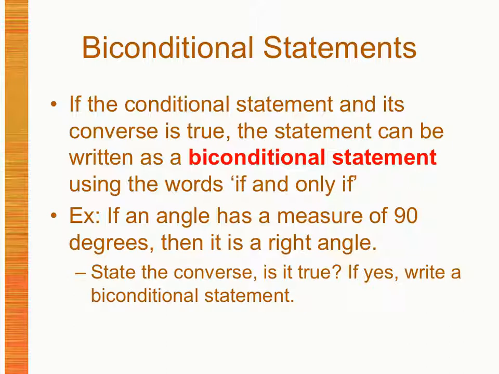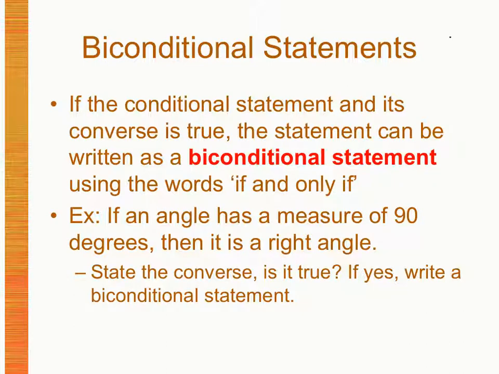All right. So now we get into a biconditional statement. It has two conditions. Bi meaning two, like bicycle, two. Two condition statements. If the conditional statement and its converse are true.